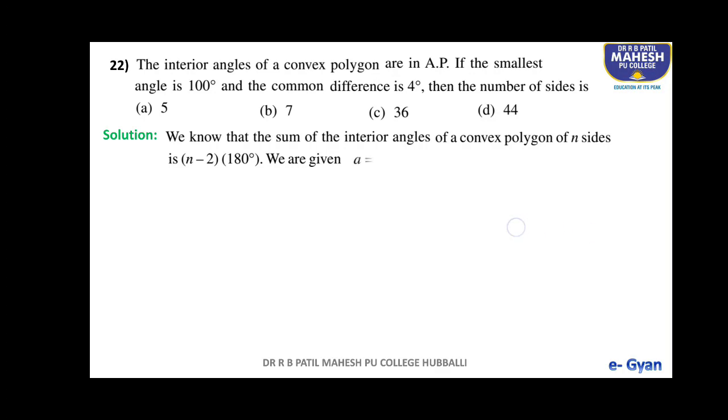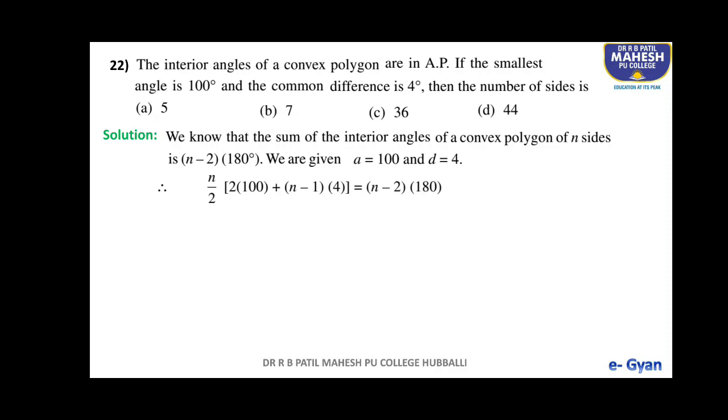It is given that a equals 100 and d equals 4. The smallest angle can be taken as the first angle, so a equals 100, and the common difference of any two consecutive angles is 4 degree, so d equals 4.